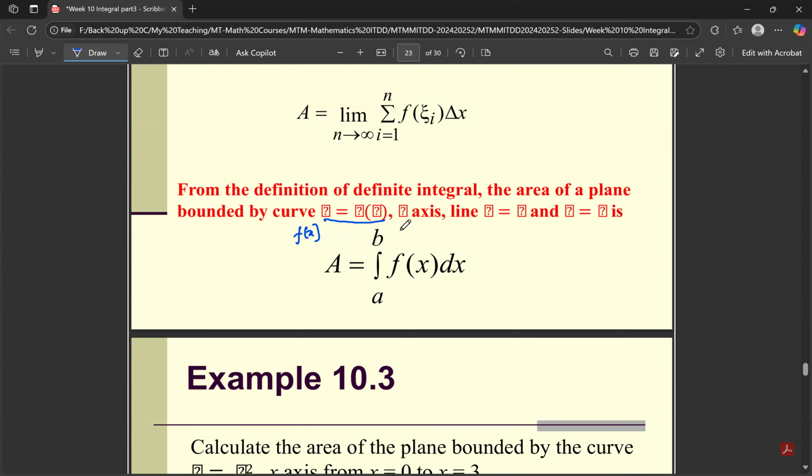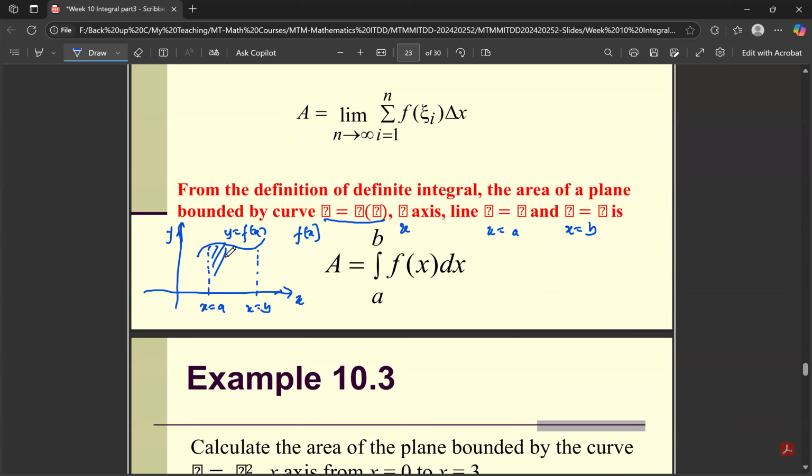This is the x-axis, this is the line x equals a, and this is the line x equals b. We have the illustration like this: the function y equals f(x), the x-axis, the y-axis, the line x equals a, and the line x equals b.